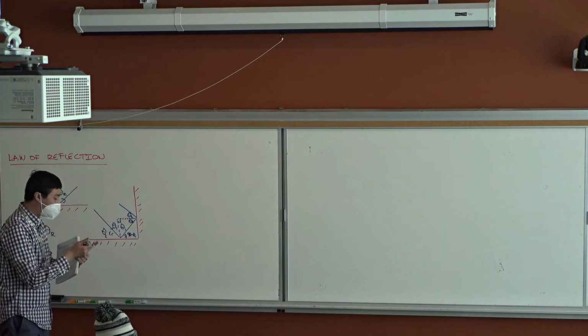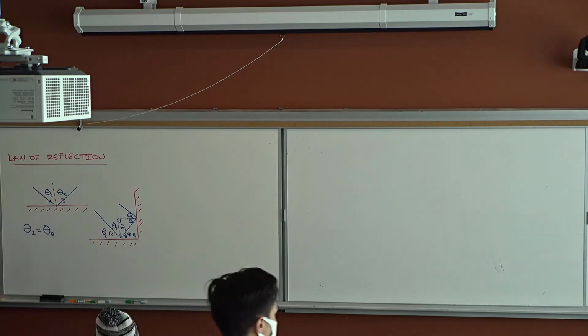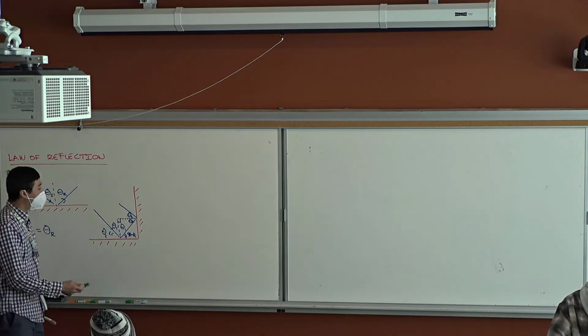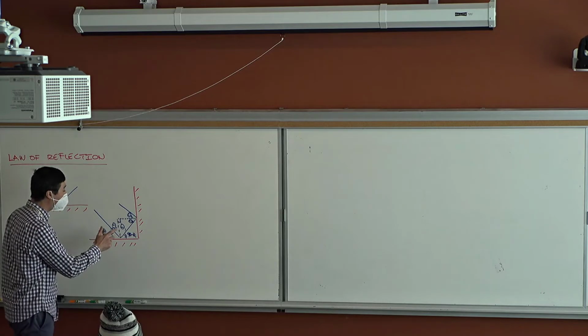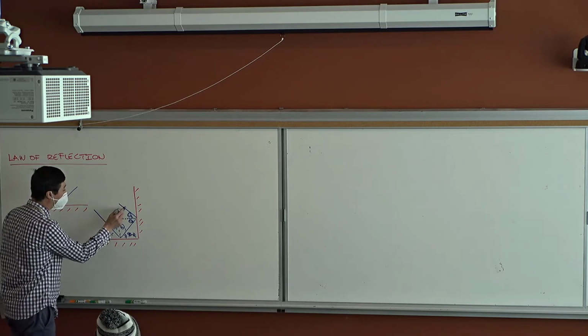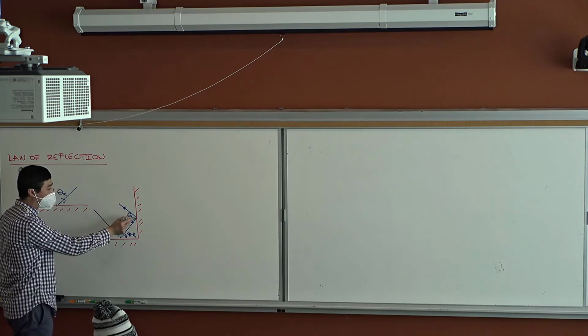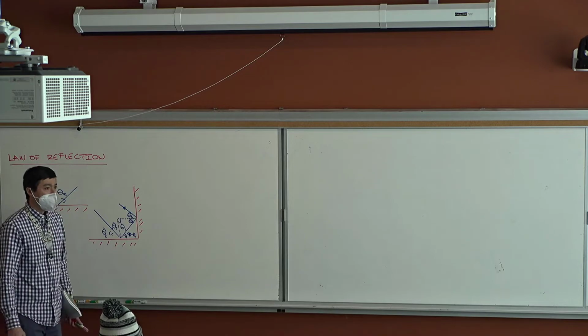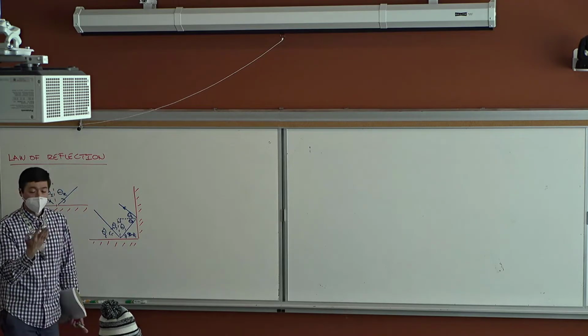So what can I say about this incident ray and this ultimately reflected ray? They're parallel to each other, right? So this is the 2D case.